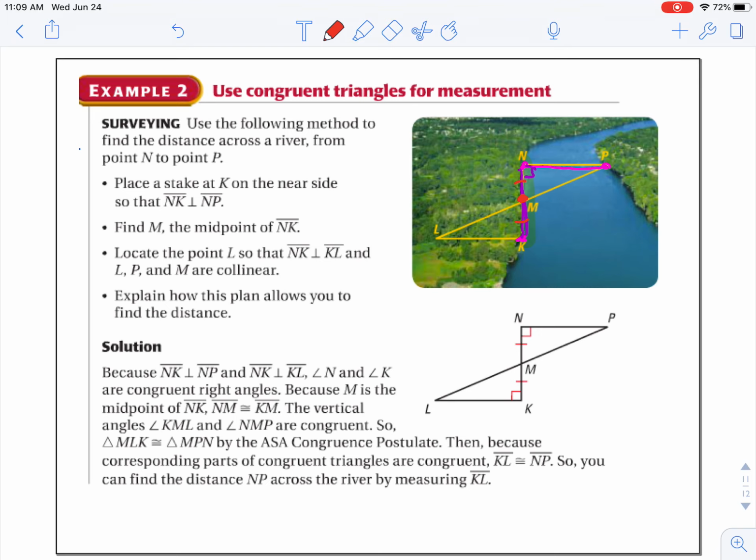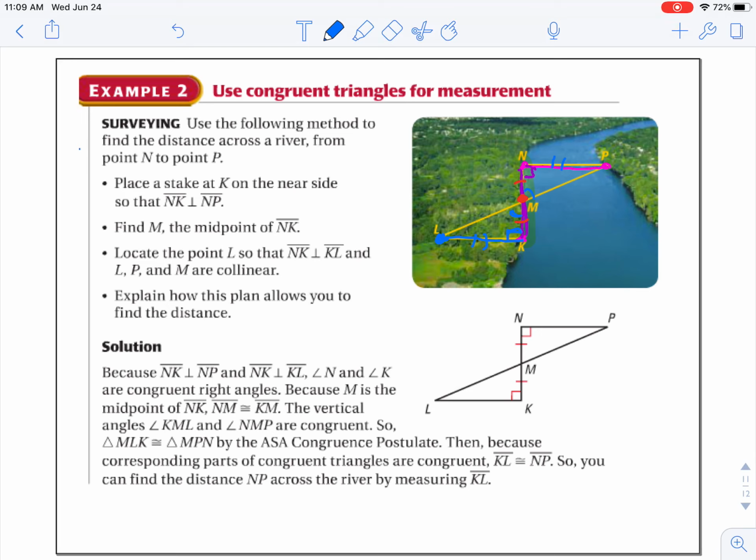Then we locate this point L right down here, so that this segment is perpendicular to NK as well. Now we can prove that these segments are congruent, because we have vertical angles right here.